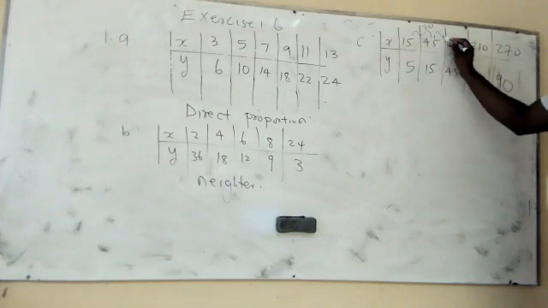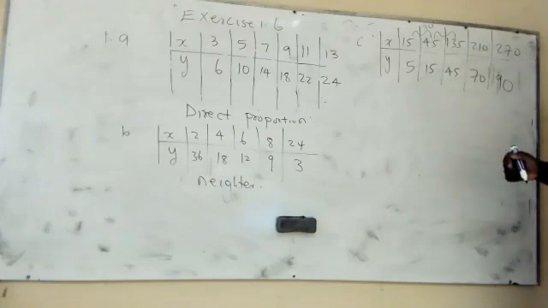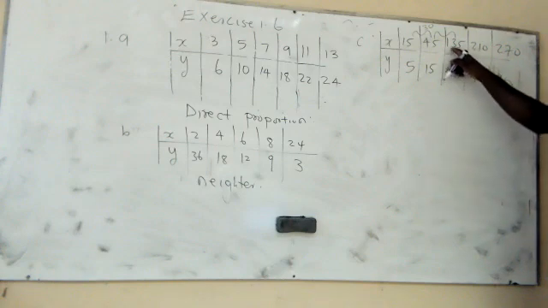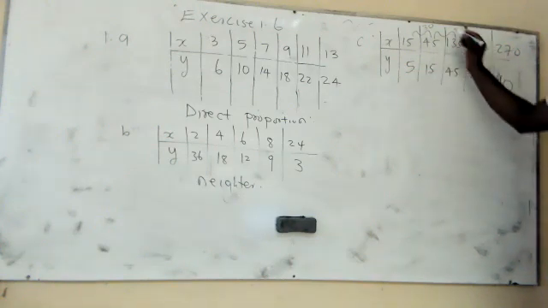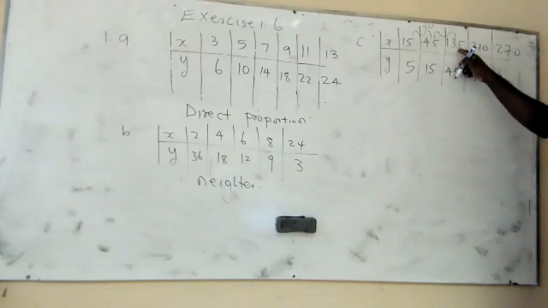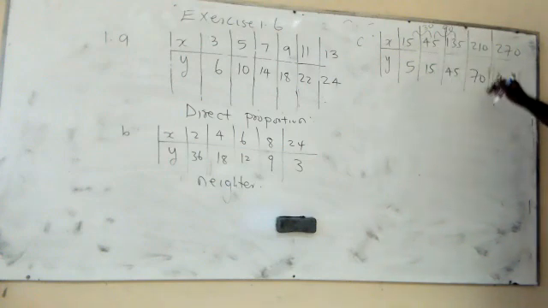Okay. And then if we subtract 45 and 135, we get 90. So it's going to be positive 90, yes.